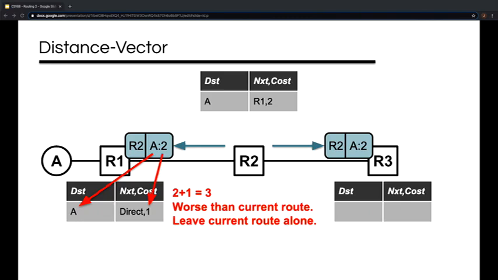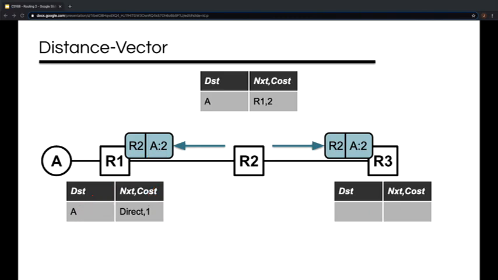That's worse than the current route. So we would ignore it, right? And this other one on the right, what's the destination? A. And what's the next hop? R2. And what's the cost? 3. And so we fill that in, right?